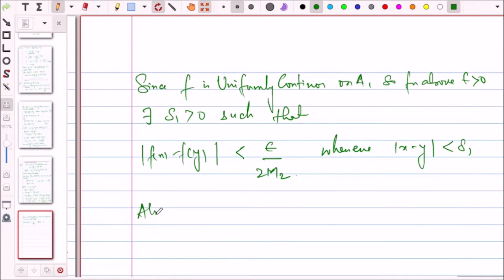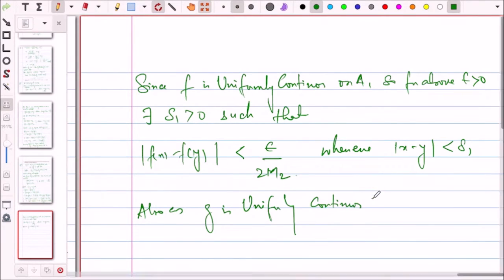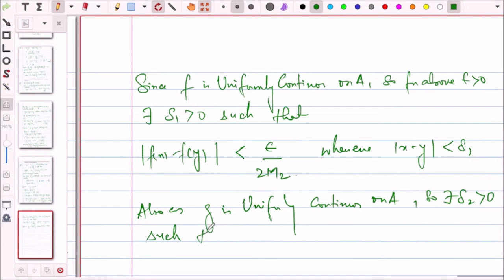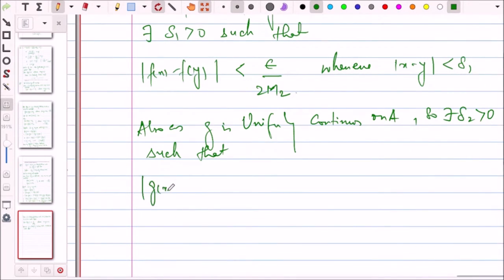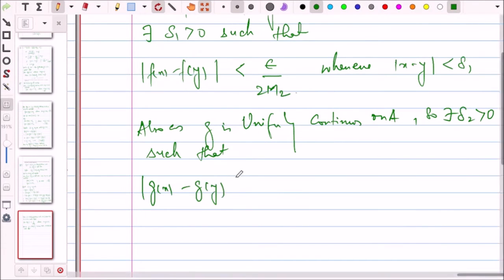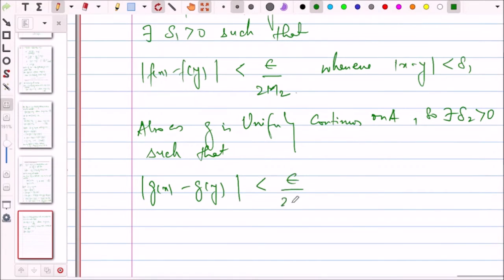Also, as g is uniformly continuous on A, there exists delta 2 greater than 0 such that |g(x) - g(y)| is less than epsilon times 2m1 whenever |x - y| is less than delta 2.